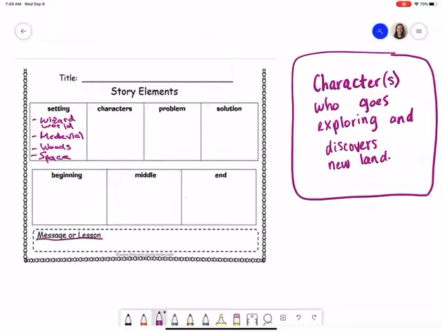I also want you to think about what lesson you're going to learn through this new discovery. Through the discovery.